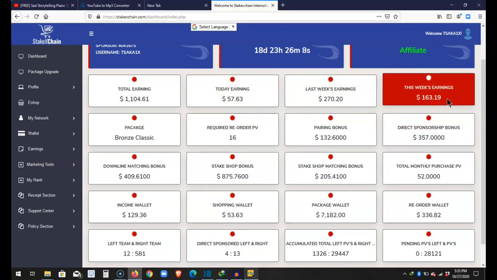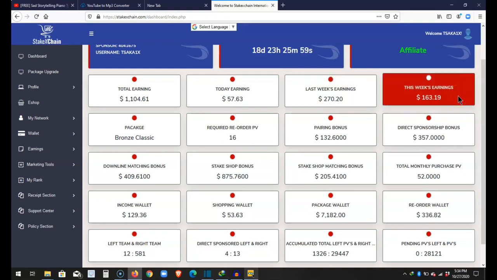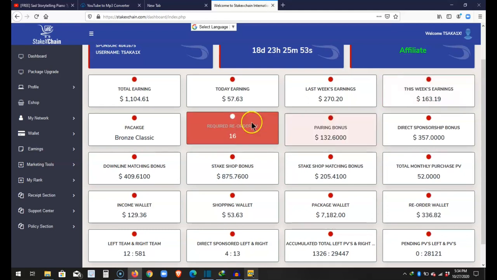So just for last week, this account earned $270, and this week already on the second day, this account has earned $163 and counting. All right, so let's move on.